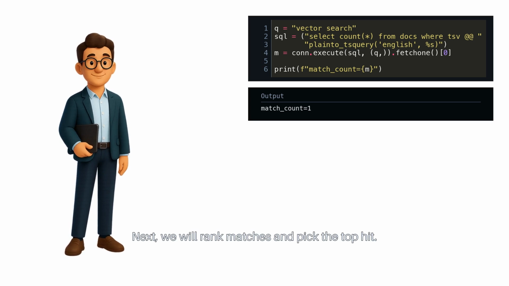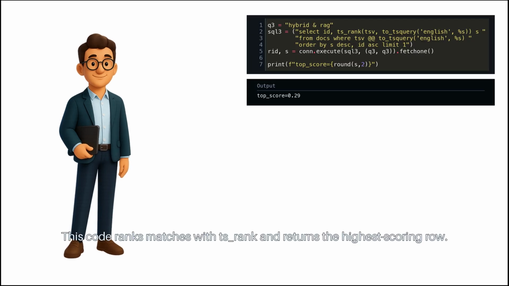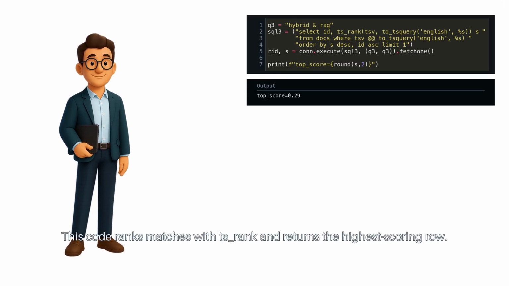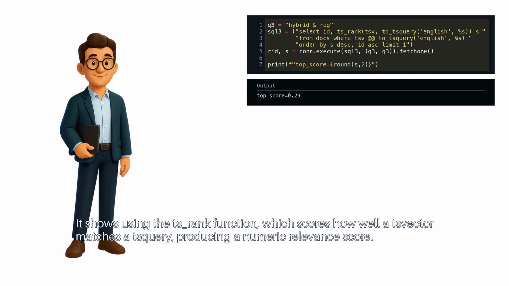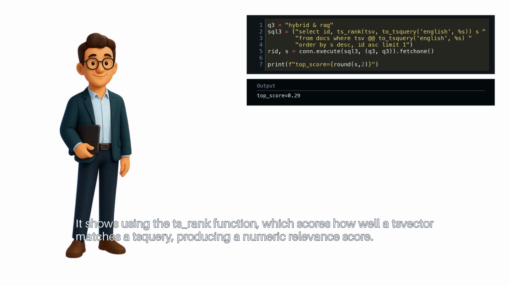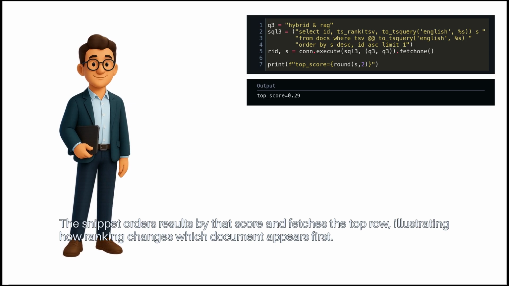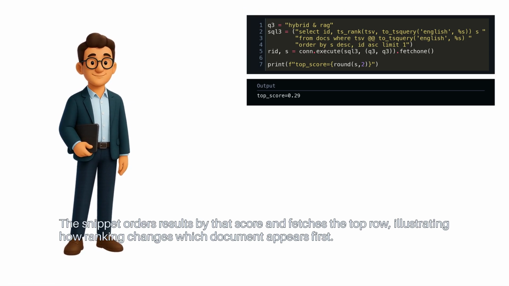Next, we will rank matches and pick the top hit. This code ranks matches with ts_rank and returns the highest scoring row. It shows using the ts_rank function, which scores how well a tsvector matches a tsquery, producing a numeric relevance score. The snippet orders results by that score and fetches the top row, illustrating how ranking changes which document appears first.